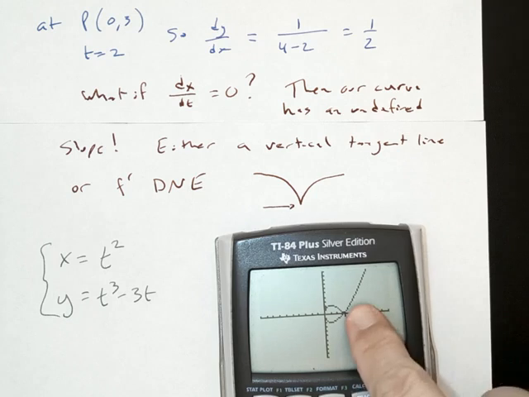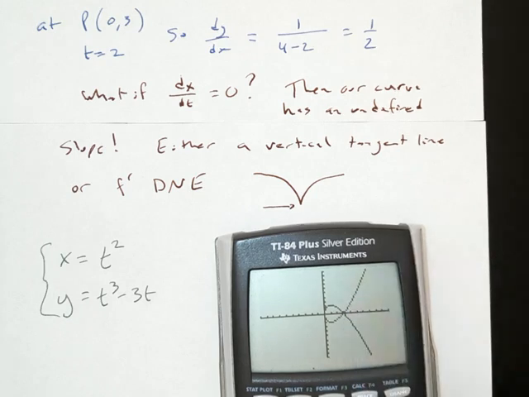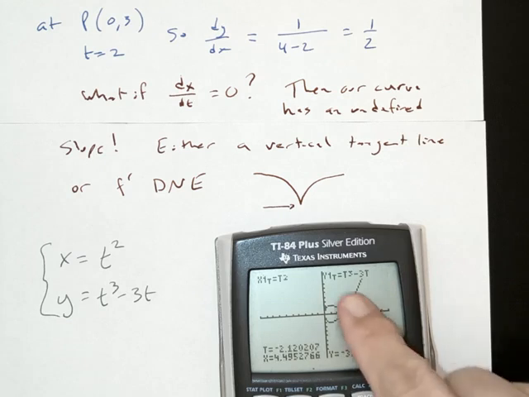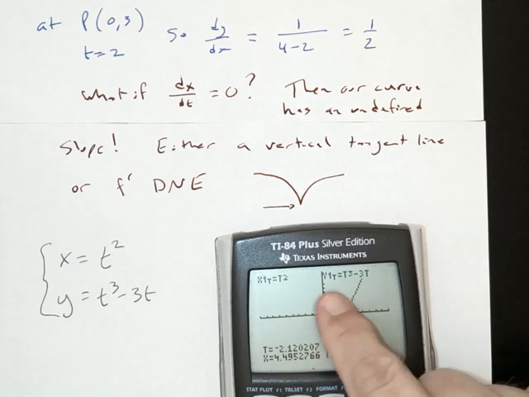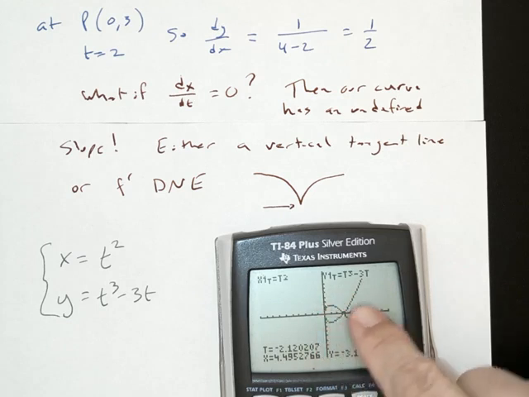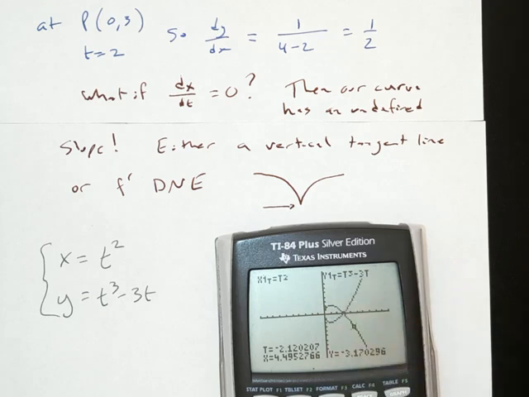Right here at this spot, and by the way, if we hit trace, we see that we are actually coming from the bottom up towards the top. So we're moving to the left. Then we hit the loop and we come down and we start moving back to the right. This makes sense. X is t squared.